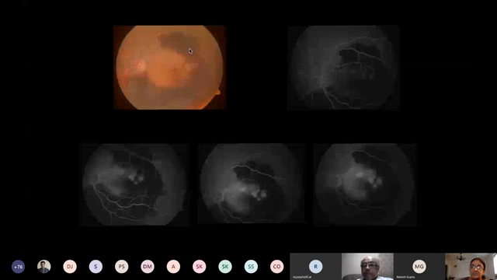You will see a leakage from the optic nerve head, which is a sign of inflammation, which you will see in VKH, but the disc is not going to be hot in a CSR, again helping you to differentiate between the two. And if you do an OCT, again, there are classical differences between the OCT images of both these pathologies.